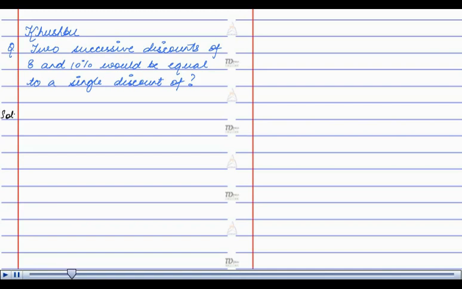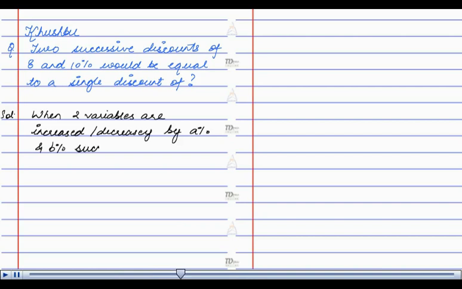We know that when two variables are increased or decreased by given percentages, say A% and B%, then the net percentage change is given as A plus B plus A into B by 100.